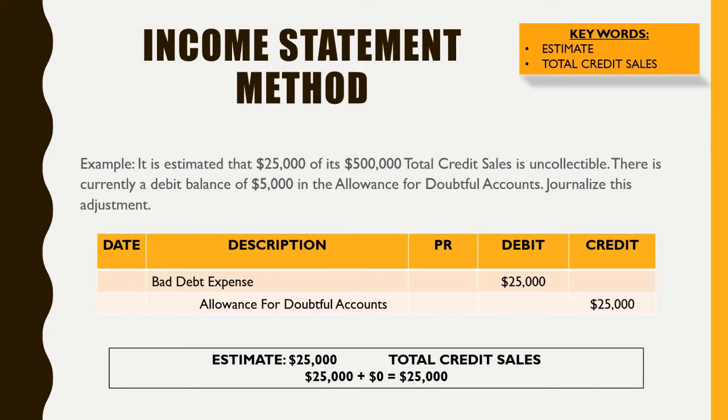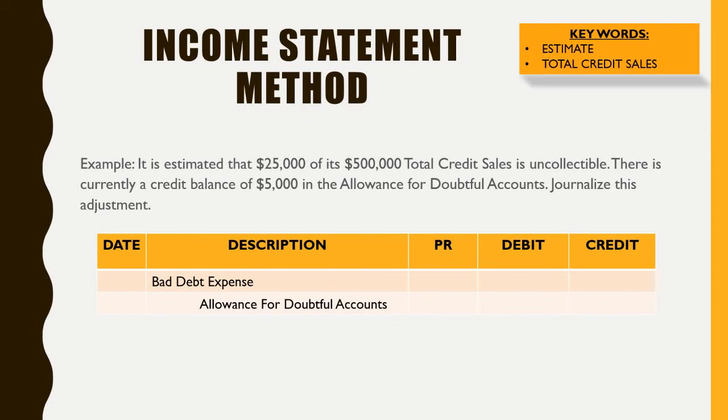So in this case, this is the total credit sales, right? We're assuming that out of the credit sales that we have, we're never going to collect the money from them. So that's all that is saying. So in this case, we don't care about the allowance for doubtful accounts. We only care about the estimated amount, and boom, it is 25,000. Okay.